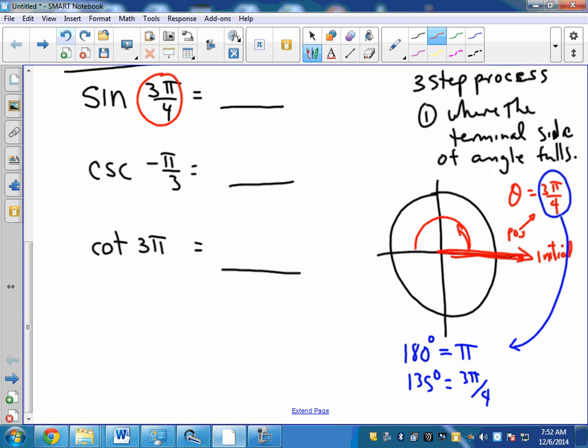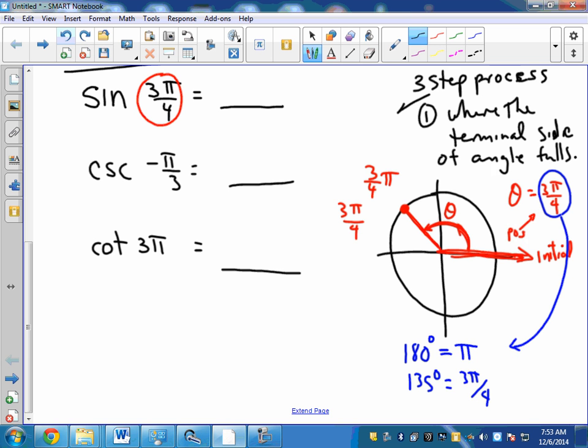So let's just go to here, which is 3/4 of the way. Okay, so this will be our angle theta, 3 pi over 4. And here's our terminal point. Okay, so that's first step. First step is where is the terminal side of the angle.